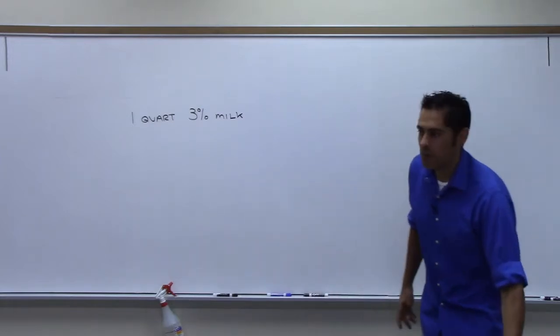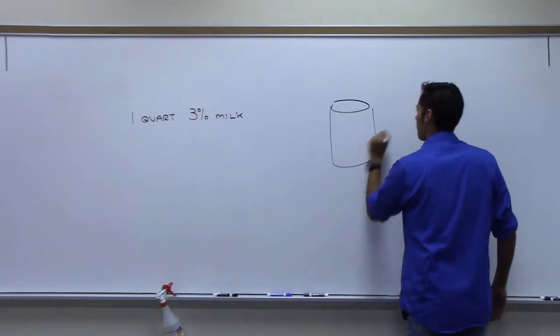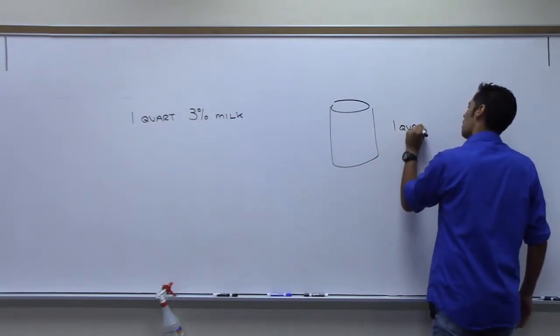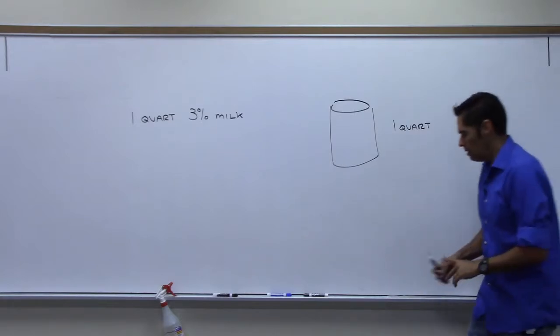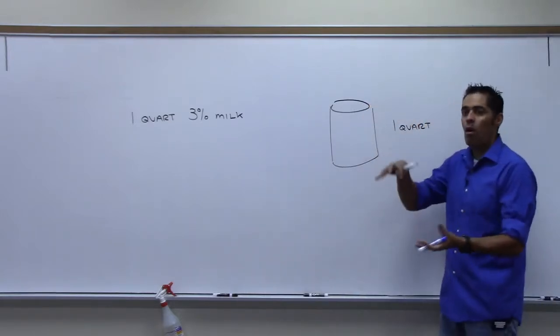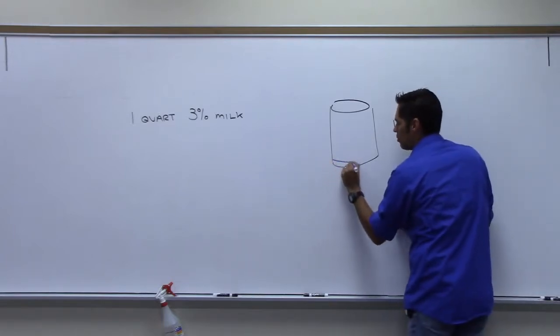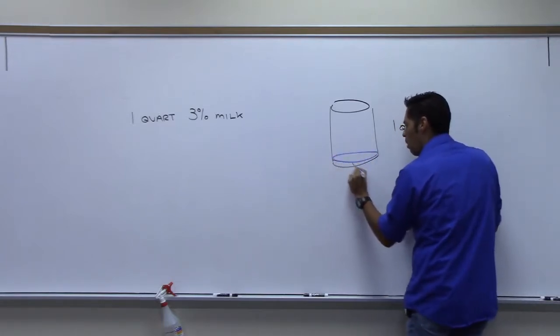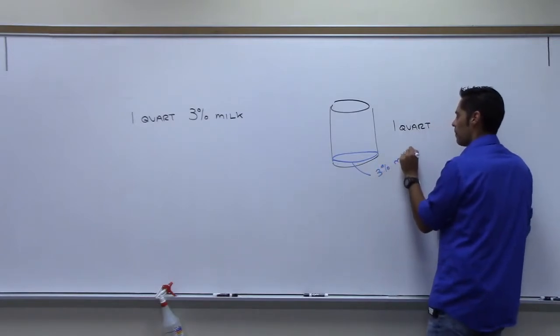Now let me draw a picture of what this means. I've got 1 quart and 3% of it is milk. So if I could, it's water and milk mixed together, all right? So if I look at it, it's actually only part of it is milk, right? 3% of this is milk.